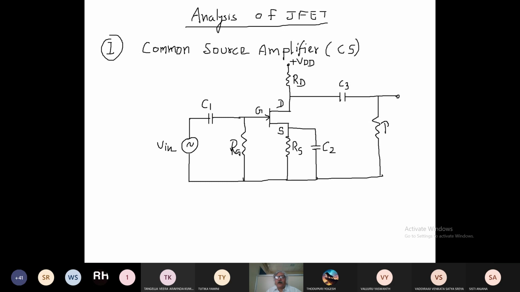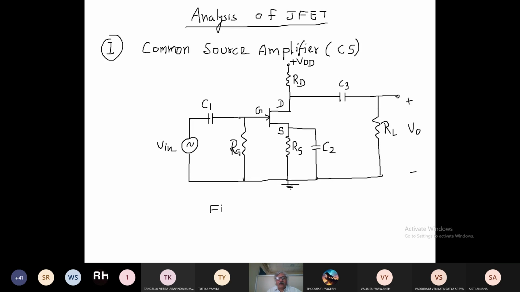This is our load resistor RL, right? So here we will take the output. Across this RL, we will take the output V out, right? And source we have connected to ground. So this is the practical figure of common source amplifier.